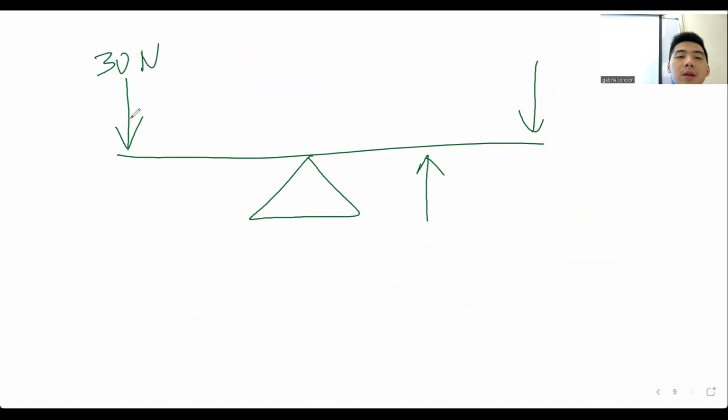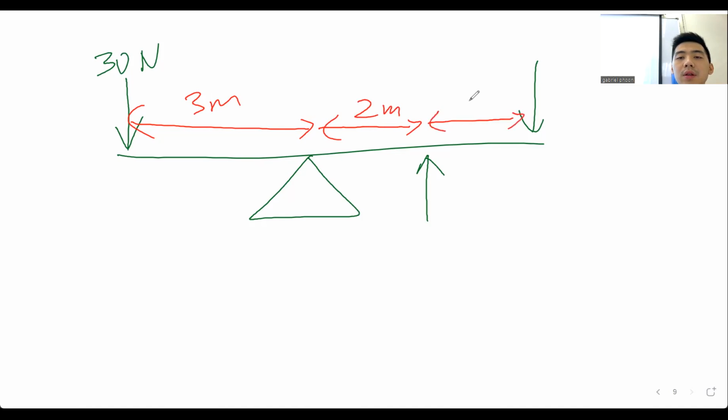Here to here is 3 meters, here to here is 2 meters, and here to here is 4 meters. Let's say this force here is 14 newtons. How much force will be required here?